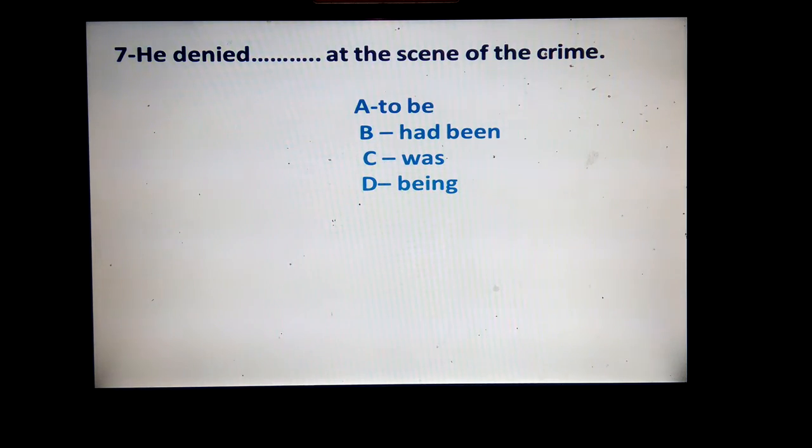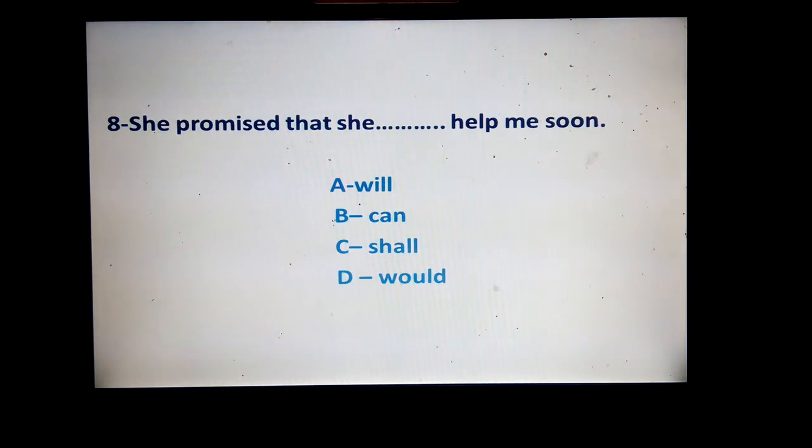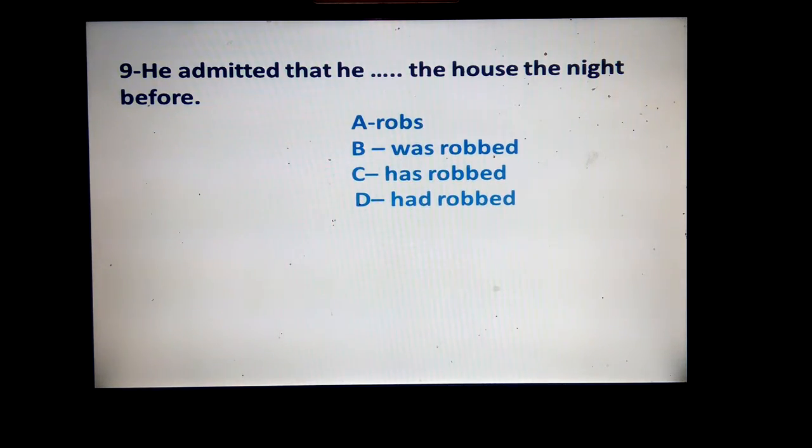He denied blank at the scene of the crime. She promised that she blank help me soon. He admitted that he blank the house the night before.